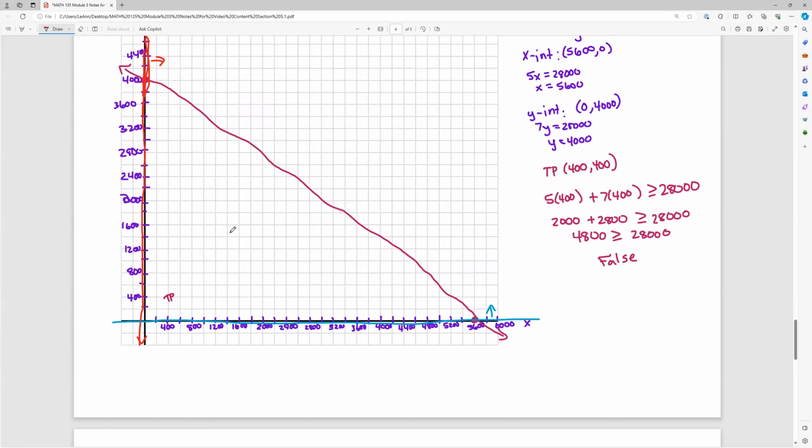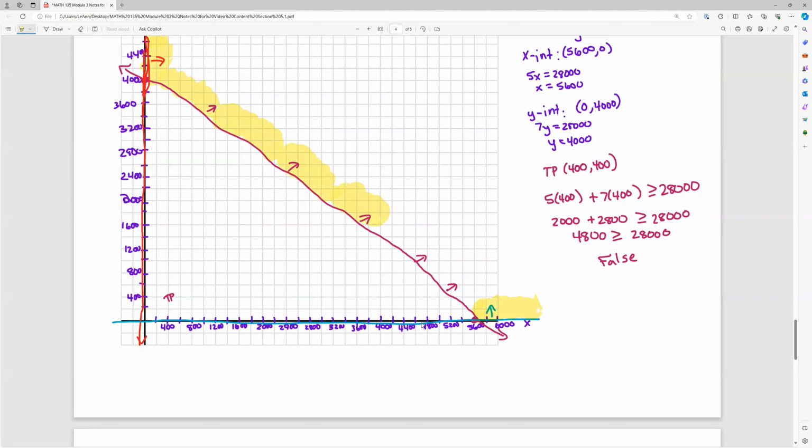That means this entire region under the magenta line is going to be false. So it looks like we are shading above the magenta line. Now, when we go to highlight this, be really careful, because your instinct is to highlight everything above the magenta line. But remember, we have to stay above the blue line, to the right of the red line, and then above the magenta line for our first inequality.